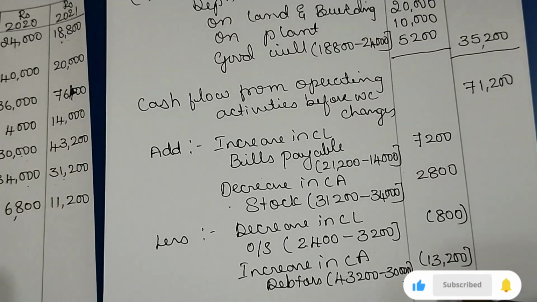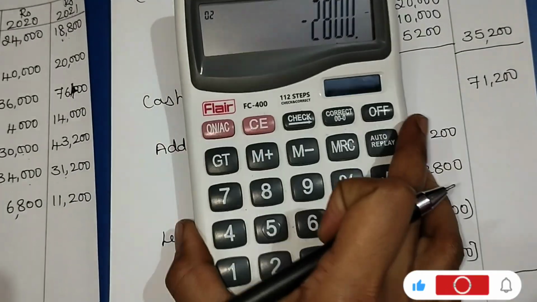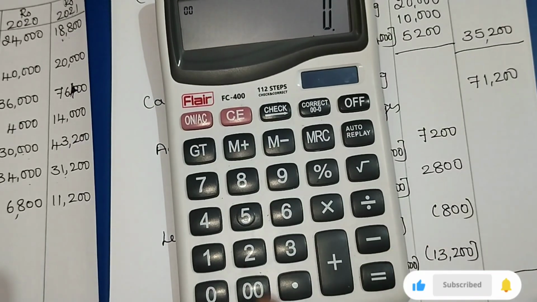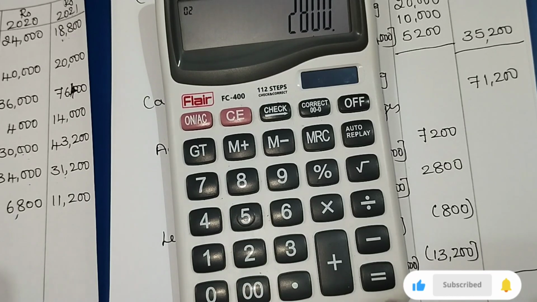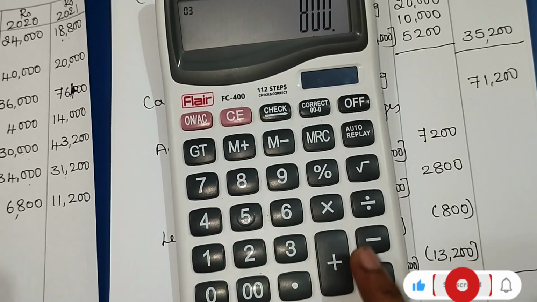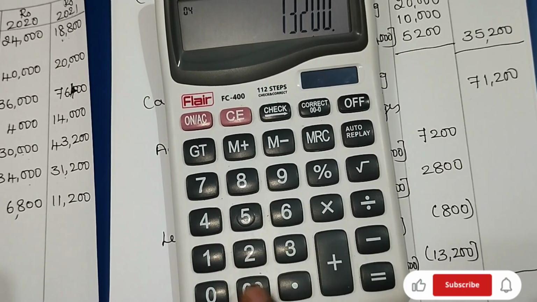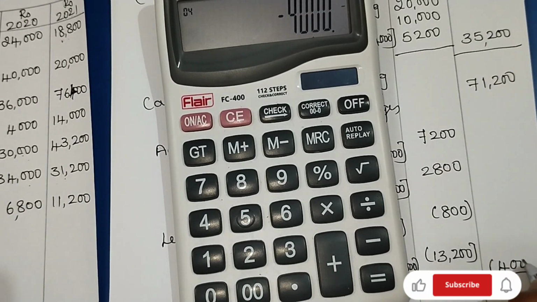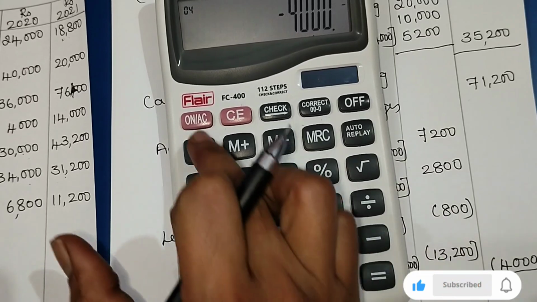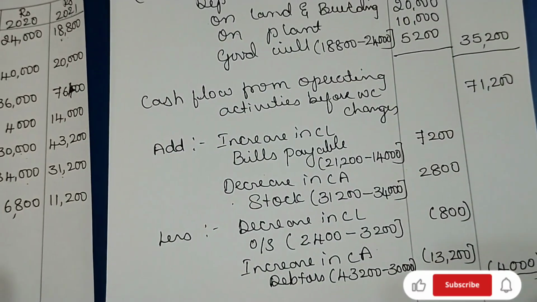Now we'll write the total amount from the changes in working capital. 7,200 plus 2,800 minus 800 minus 13,200 minus 4,000. Whenever we are representing an amount inside the bracket, then it is negative.